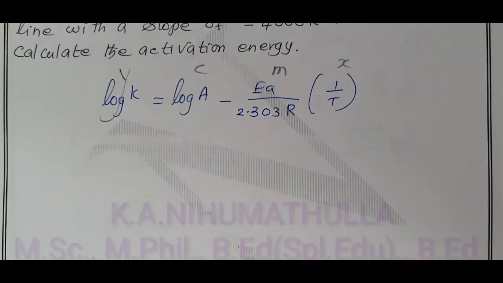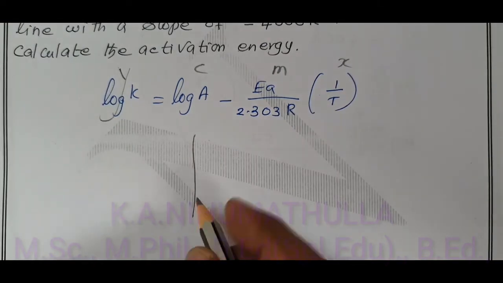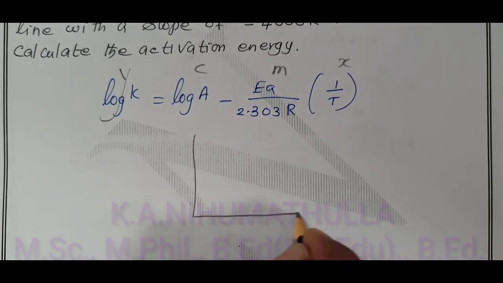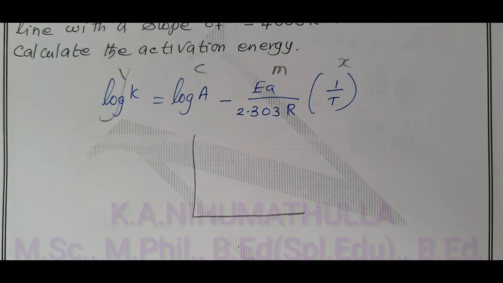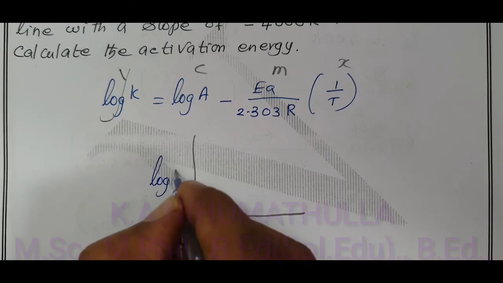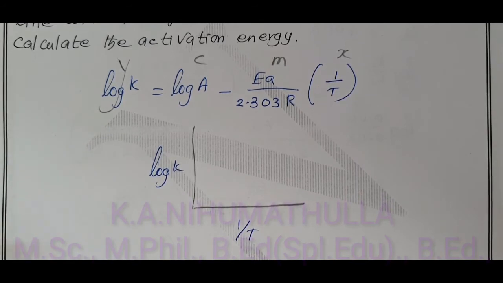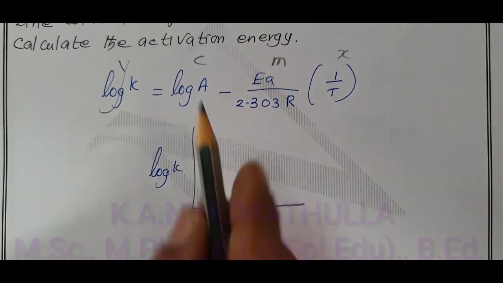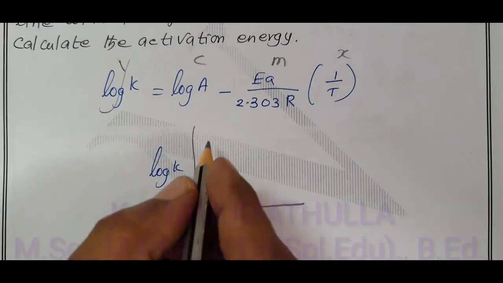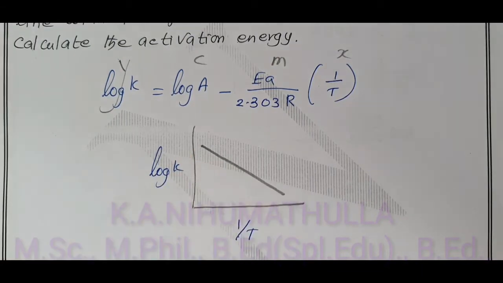Now when you draw a graph, log K is taken on the y axis, and the x axis is 1 by T. It is a straight line equation. The slope of the straight line is negative. Therefore, we will get a straight line like this.